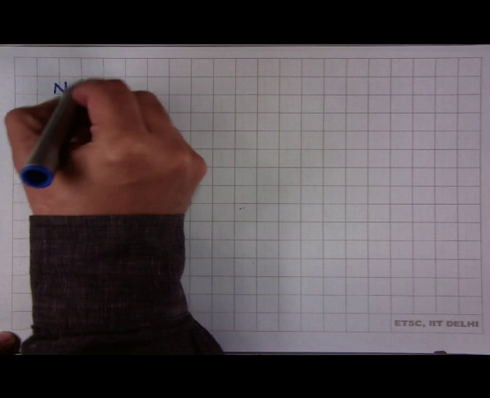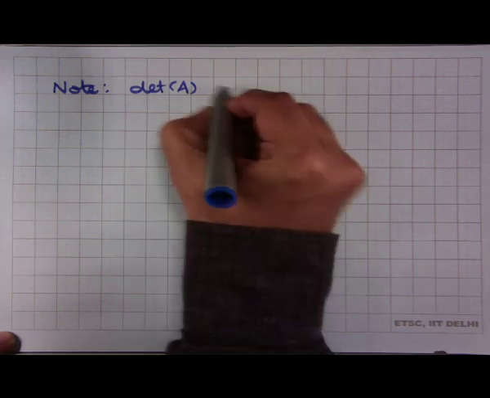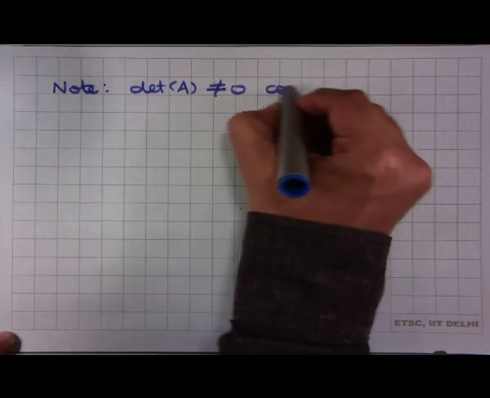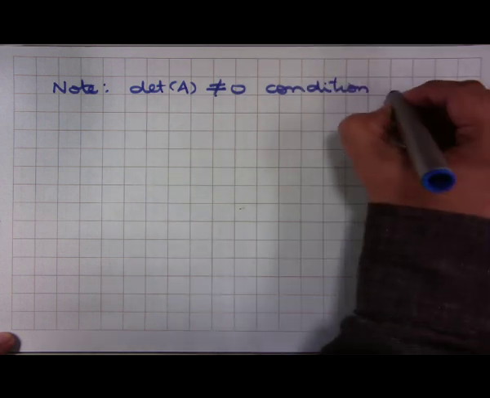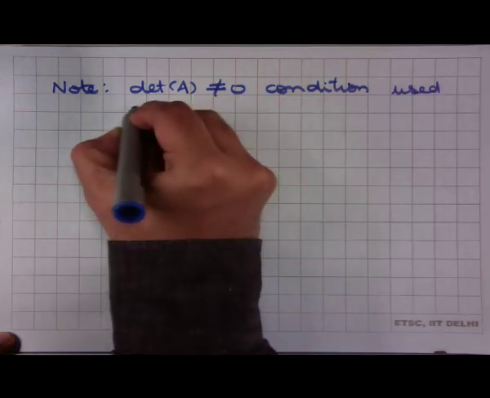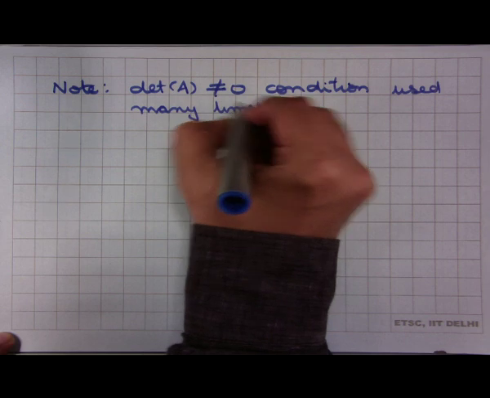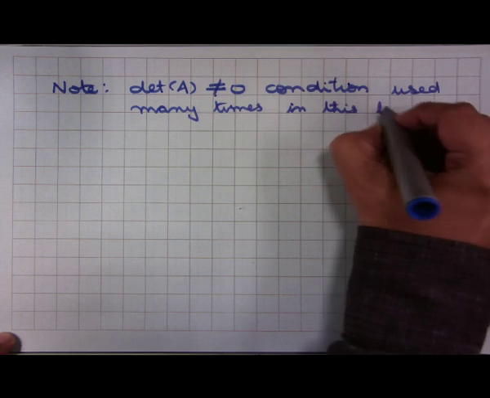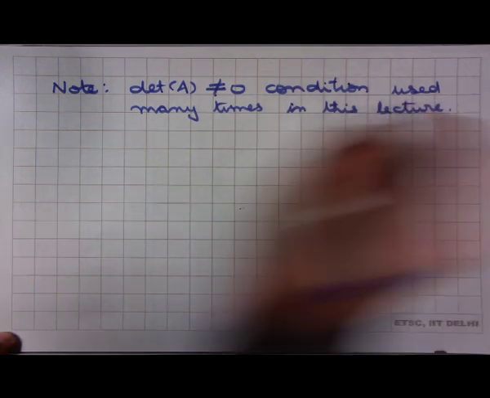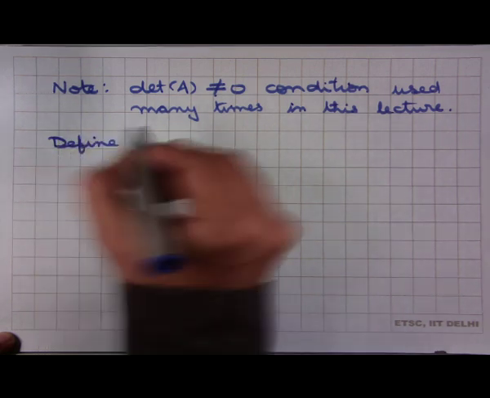In many places we have said that the determinant of A is not 0. Note that this determinant of A not 0 condition was invoked or used many times in this lecture. So, based on this we can define a singular matrix.